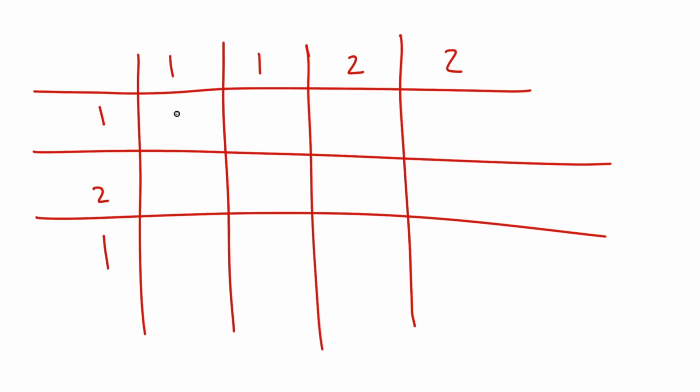So 1 times 1 is 1, 1 times 1 is 1, 1 times 2 is 2, and 1 times 2 is 2. Now 2 times 1 is 2, 2 times 1 is 2, 2 times 2 is 4, 2 times 2 is 4, and then 1, 1, 2, 2.